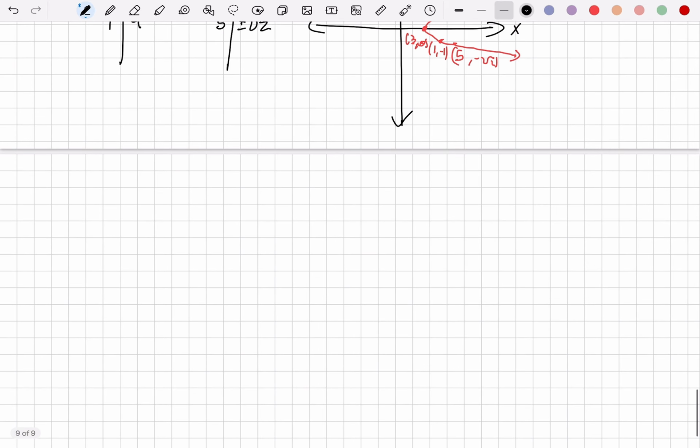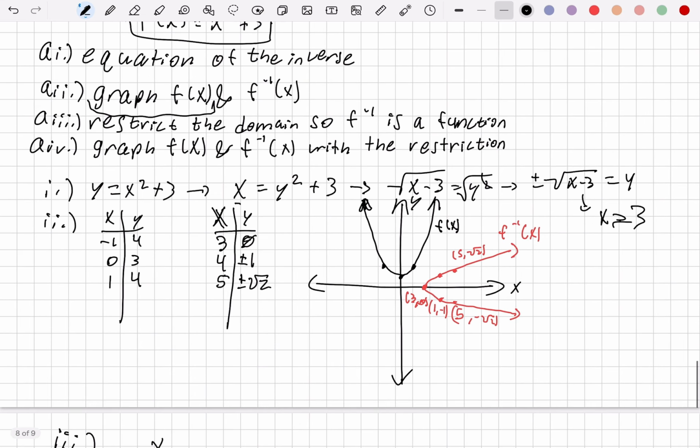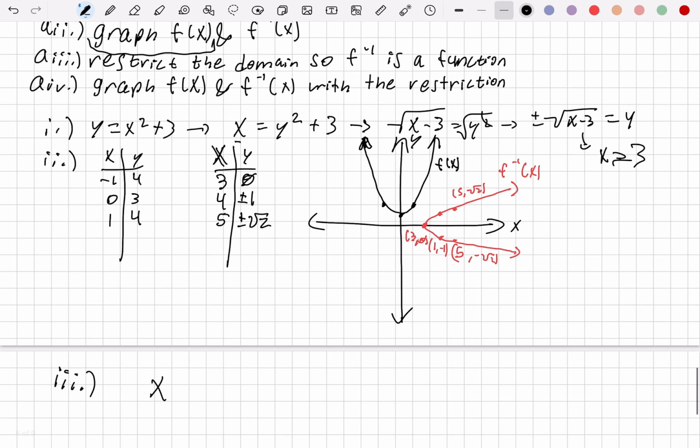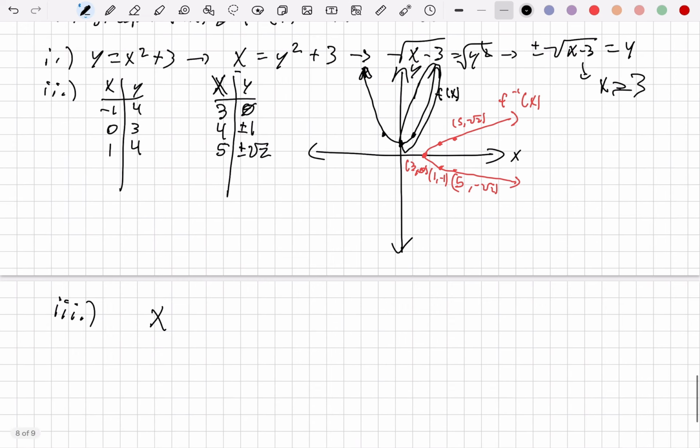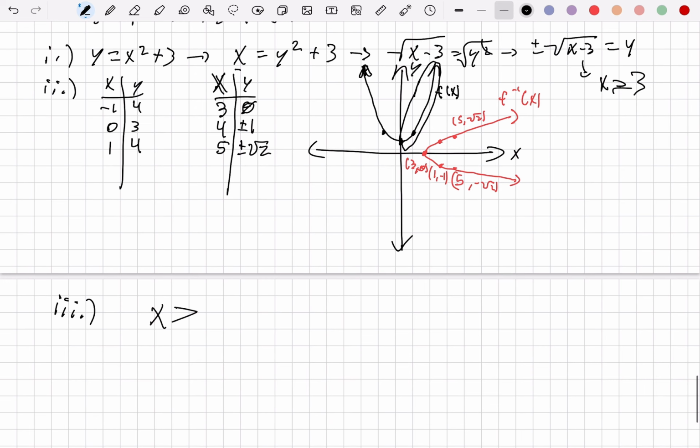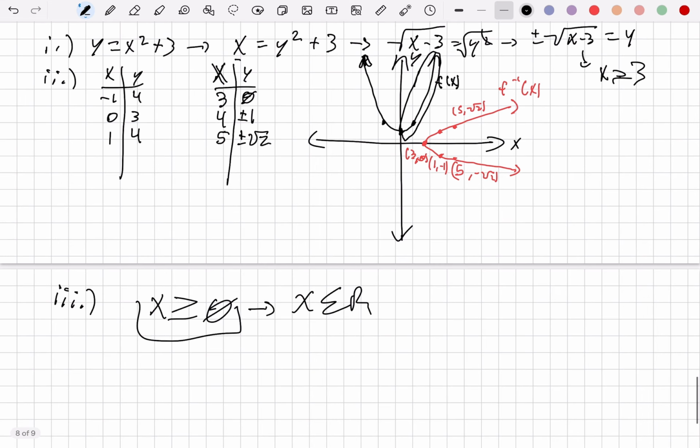One way that we can do this is we can say, if we look at this function, the axis of symmetry is right here, which means that if x is greater than or equal to 0, that is a possible domain, because we will then get an inverse that is only the bottom half.